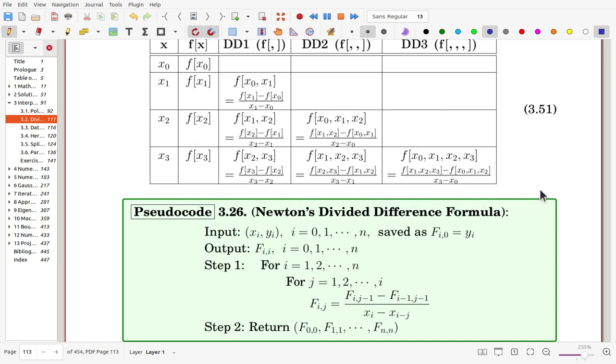Then that's it. So the computation code is usually row-wise.